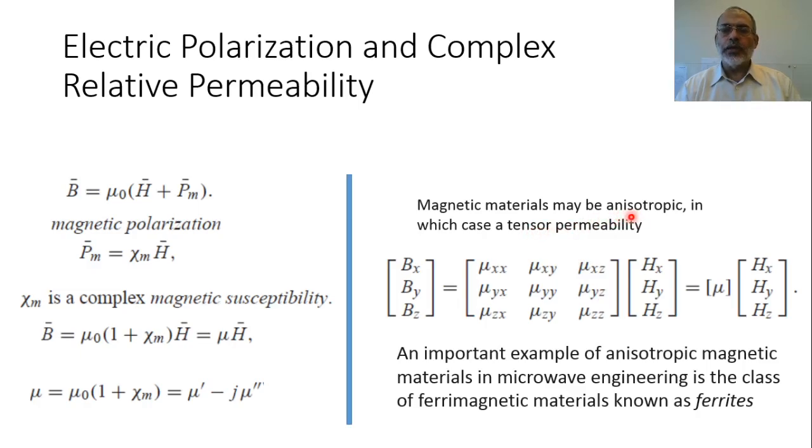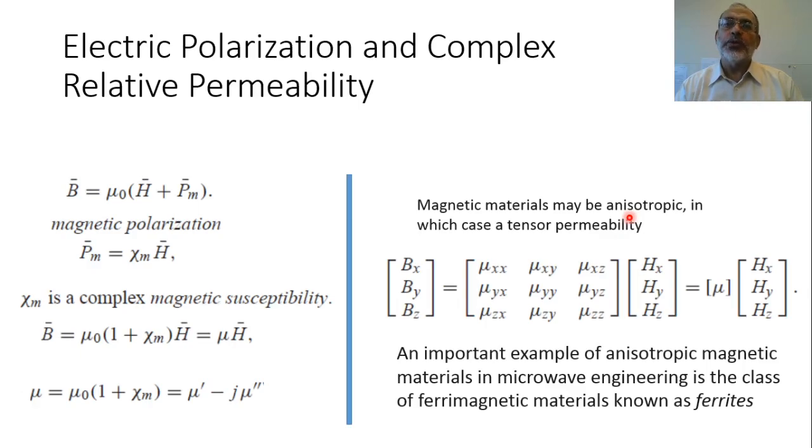And by an anisotropic material, we mean that the dependence of the flux on the field is not one to one, not x to x, y to y, z to z. In this case we say that the field in x has a contribution in x. In addition, it has a contribution in y.